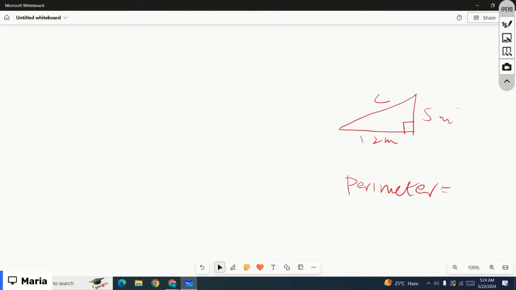First, we need to find the missing side. We can find the missing side by using the Pythagorean theorem because that is a right angle triangle, right?